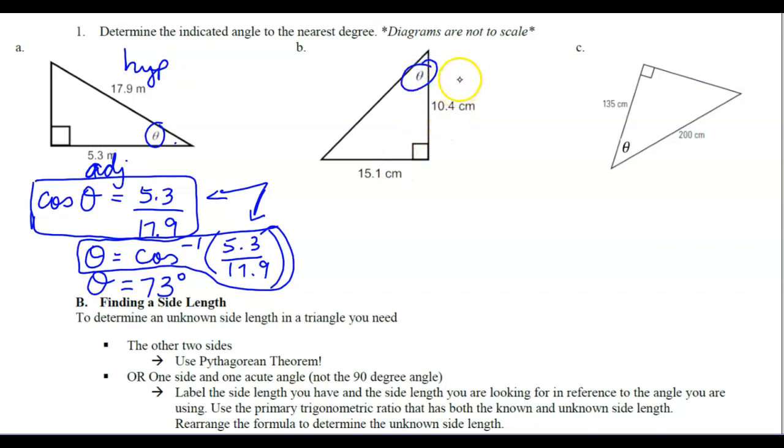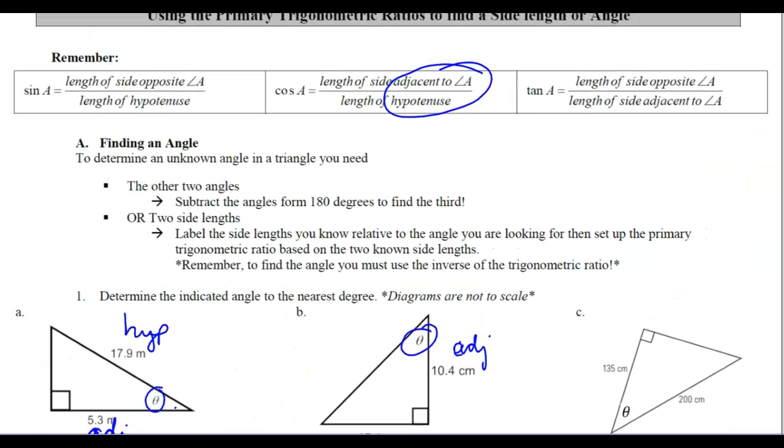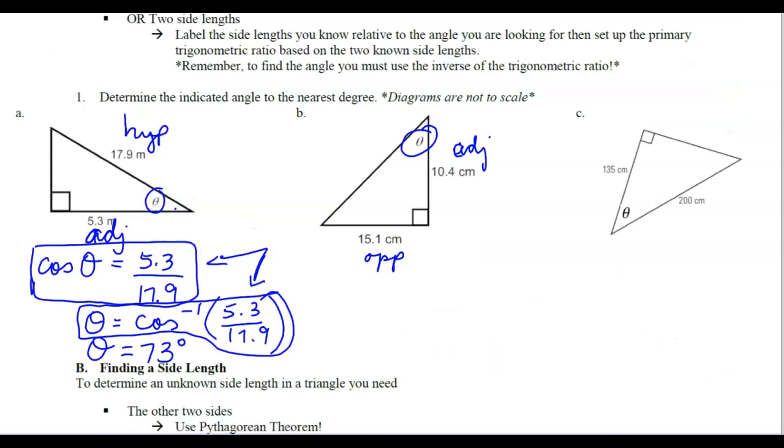So next one, there's my angle. So this 10.4 is adjacent, and opposite is the 15.1. So now I want something that has opposite and adjacent, no hypotenuse. So that would be tan. So tan of theta.